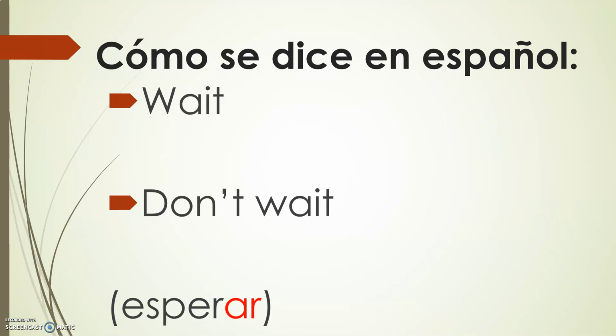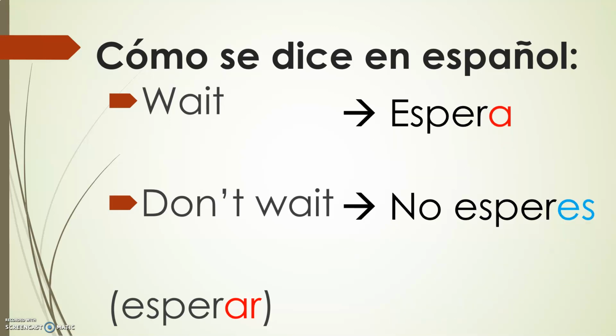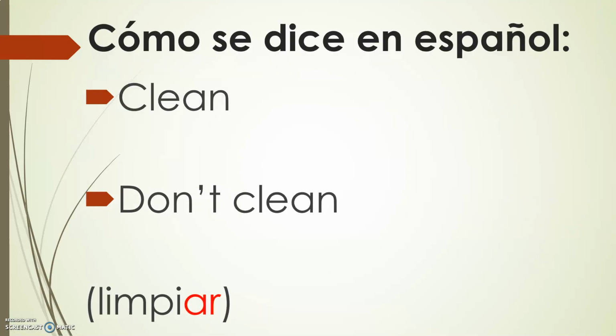¿Cómo se dice en español wait and don't wait? The verb is esperar. The positive form is espera, and the negative form is no esperes, don't wait. ¿Cómo se dice en español clean and don't clean?